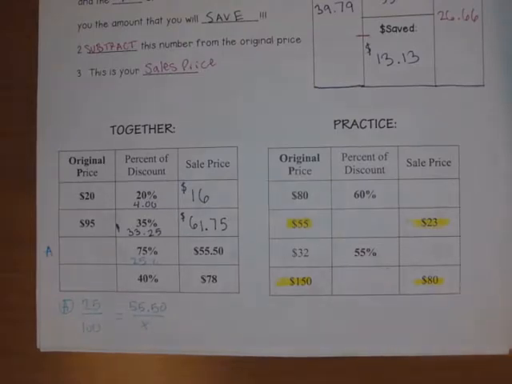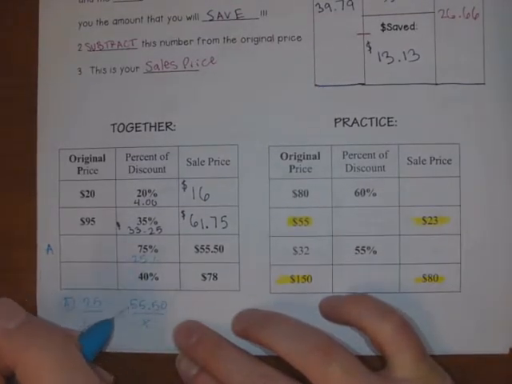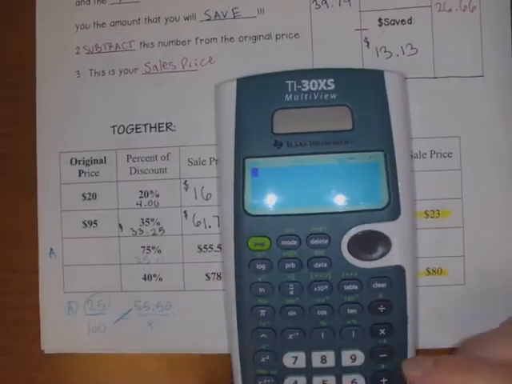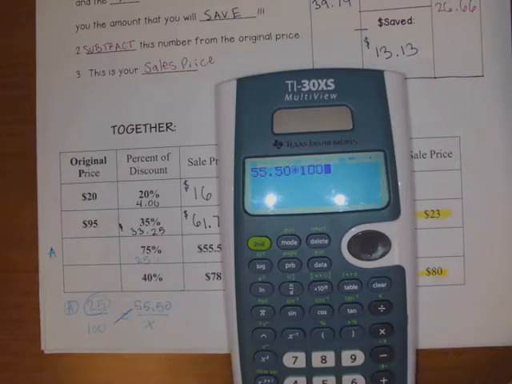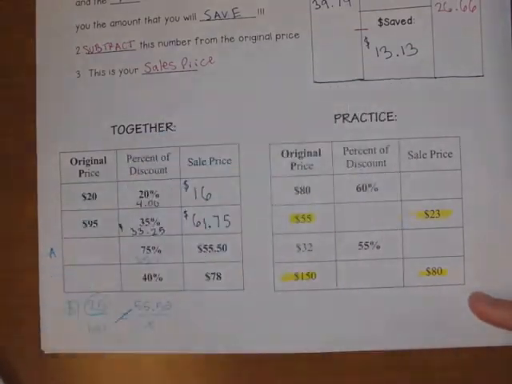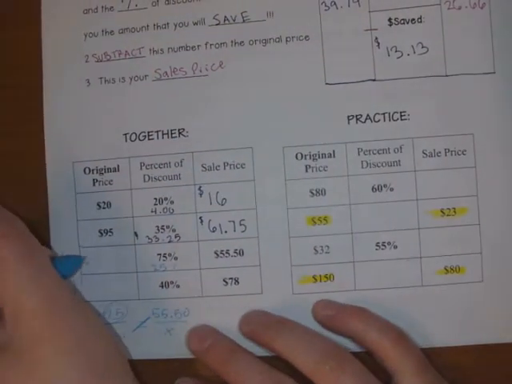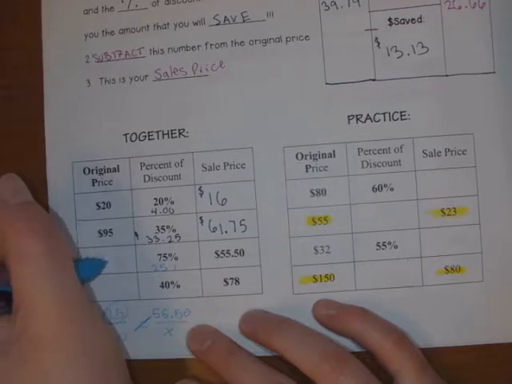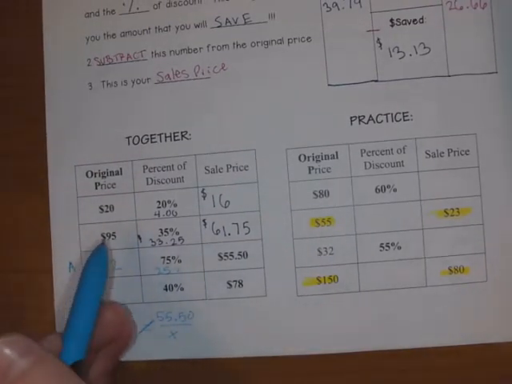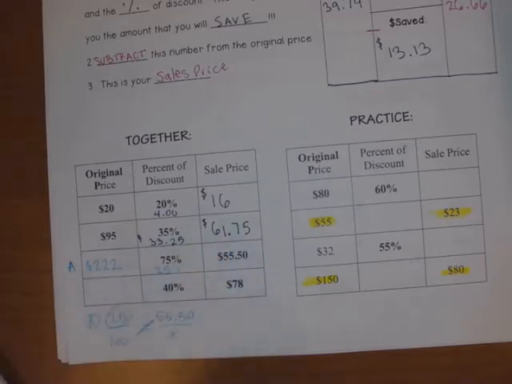So, now as we're setting this up, you all know how to solve proportions. You multiply and you divide. 55.50 times 100 divided by 25. $222. So the original cost is going to be $222. Now just remember, when you're getting a discount, that means the original price has to be more.